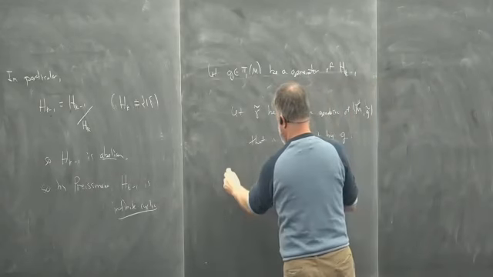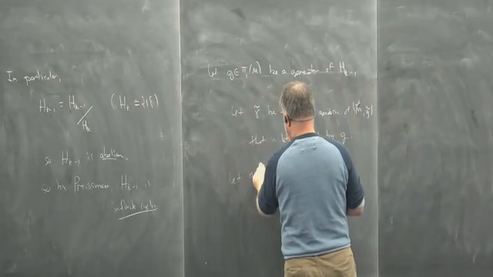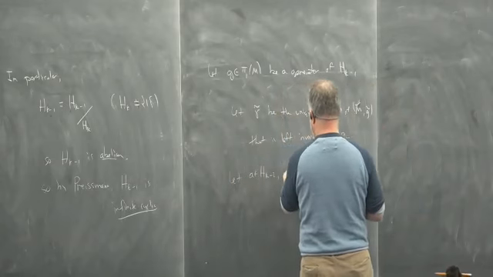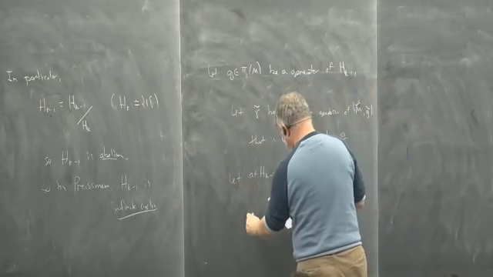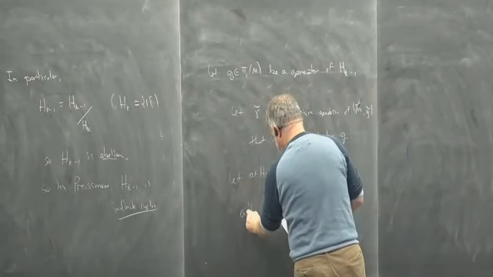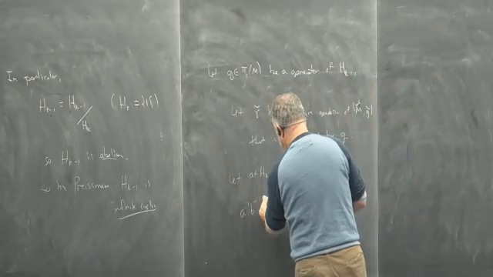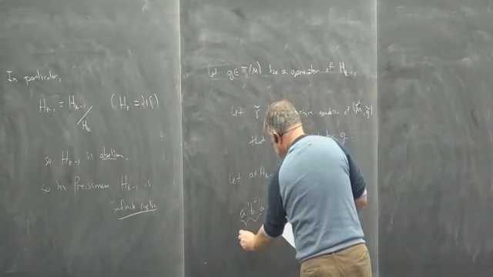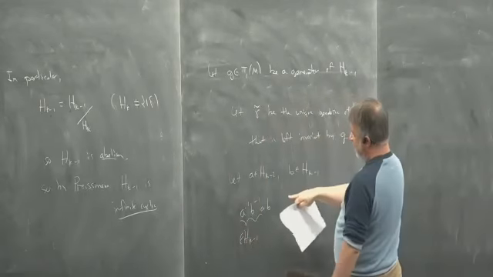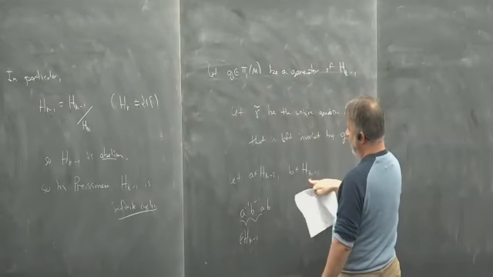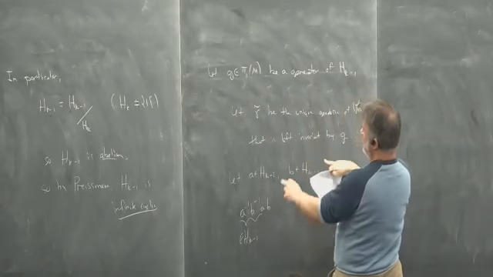Okay. Now let a be an arbitrary element of h_{k-2} and b be an arbitrary element of h_{k-1}. Then a inverse b inverse a b is in h_{k-1}, because h_{k-1} is normal in h_{k-2}.